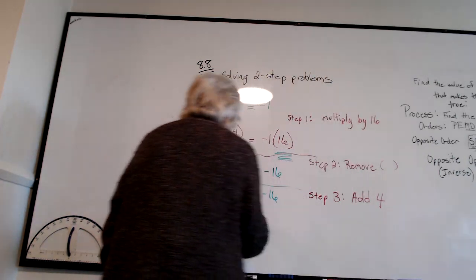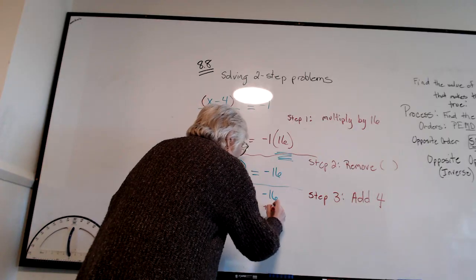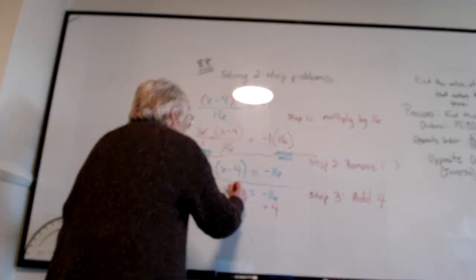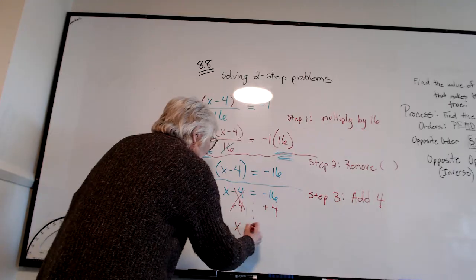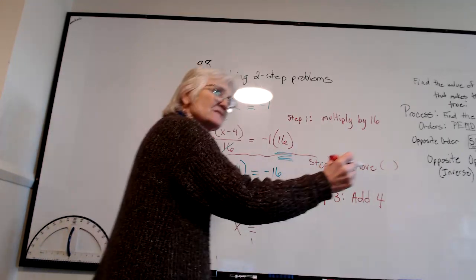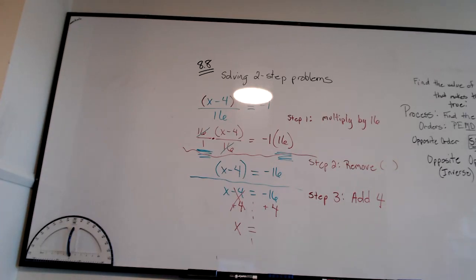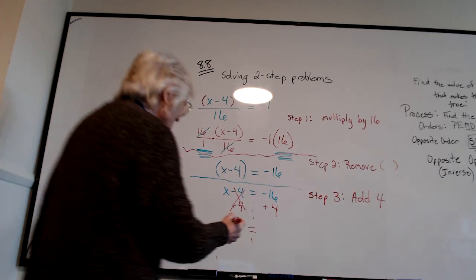So on both sides of the equation, I'm going to add 4, add 4. This cancels, leaving me with x. Negative 16 plus 4. What is negative 16 plus 4? Negative 12. Ezekiel? Negative 12. Thank you, Ezekiel.